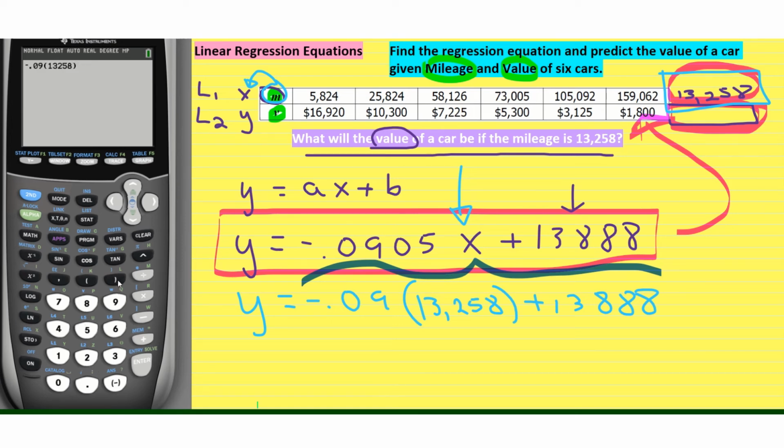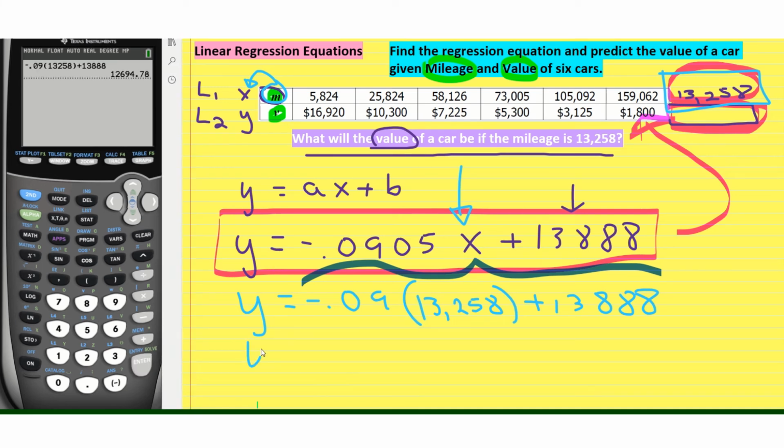There we go. Got it all in there this time. And then plus my 13,888. And the number that I calculate is that my total value on my car is going to be $12,694.78.